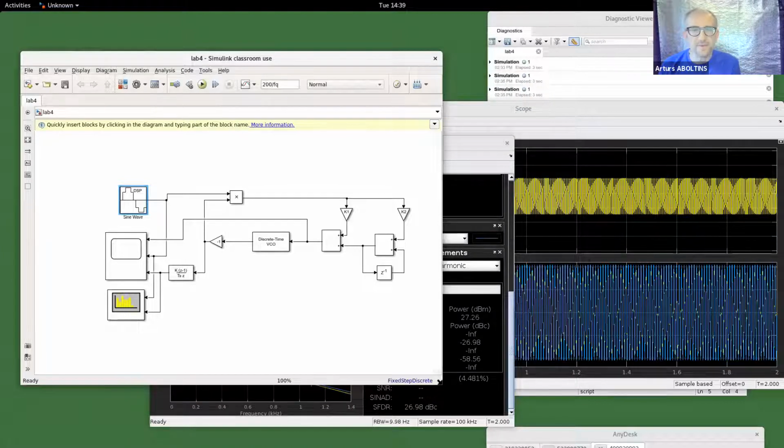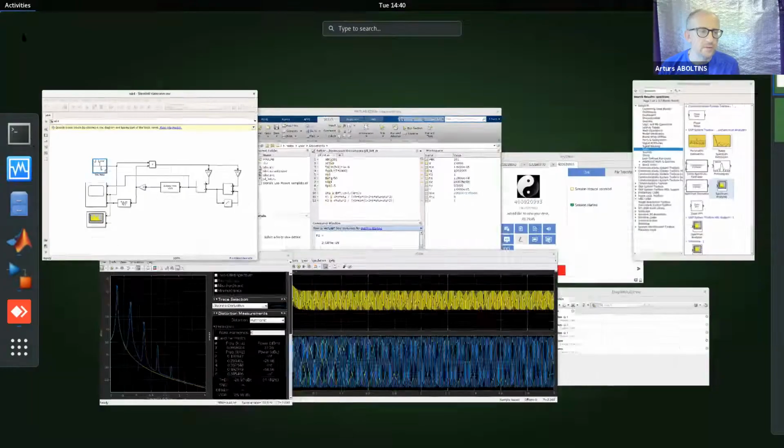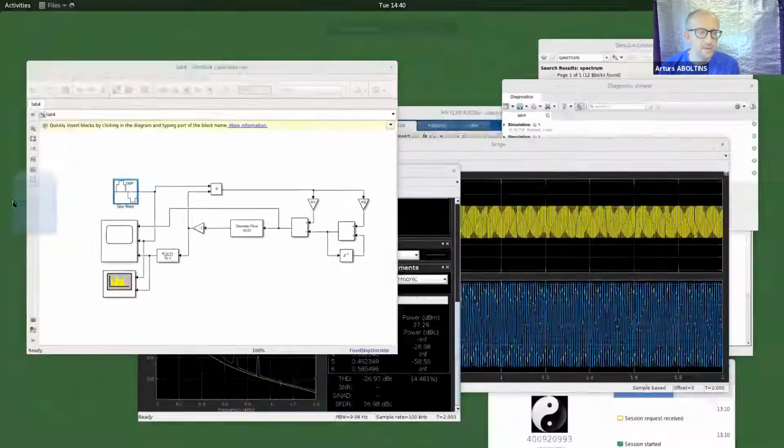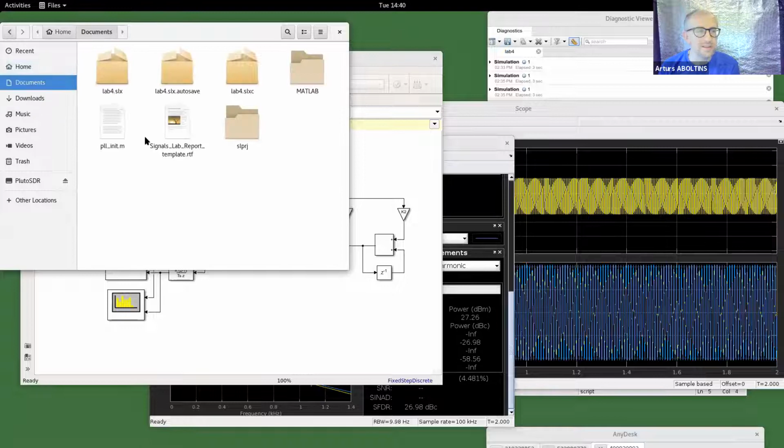Or even, I think AnyDesk allows copying and pasting files. As much as I remember, someone said it's possible. But how can you do this? It's just copy paste. Yes, if you go to File Manager, like this, I go to the documents, and I copy the script.